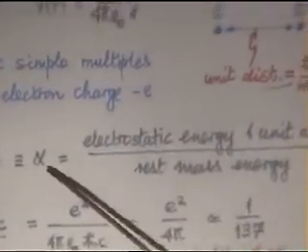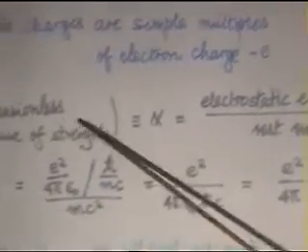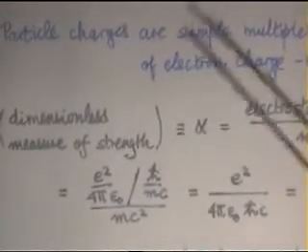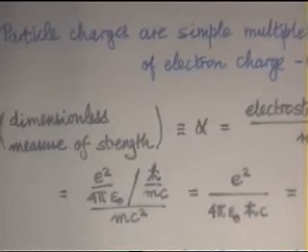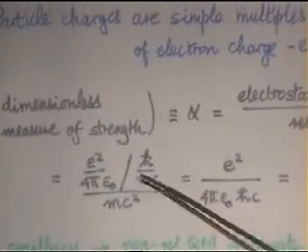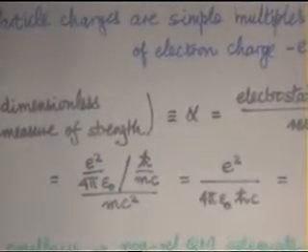That's a historical name. It's really just a dimensionless measure of the strength of the electromagnetic interaction. So here is the potential. The charges give E squared over 4 pi epsilon naught. 1 over R is h bar over mc, and there's the rest mass.